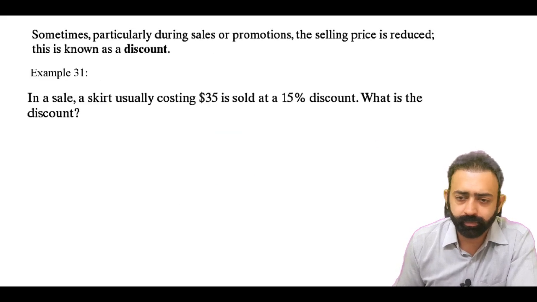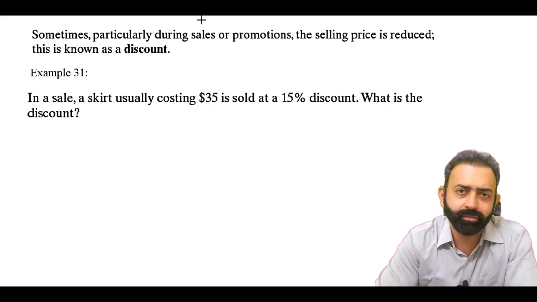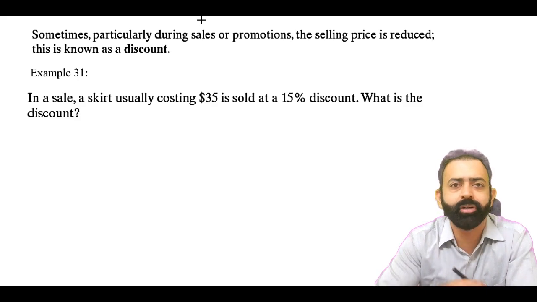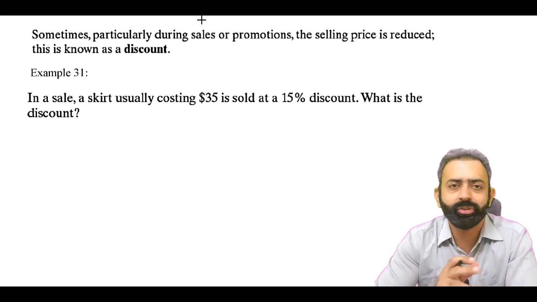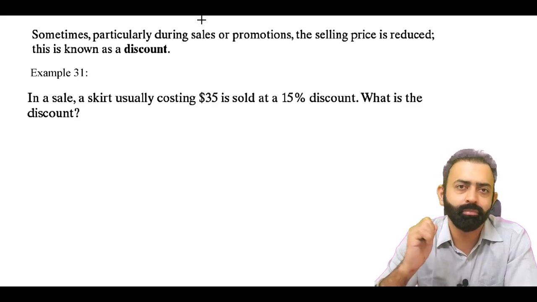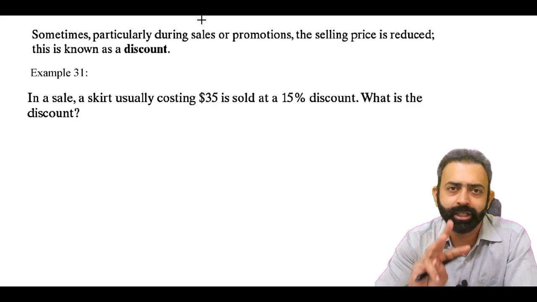Moving on. Sometimes during sales or promotions, the selling price is reduced. This is known as a discount. One thing we should keep in mind is that discount is always calculated on the marked price. There are 3 types of prices.